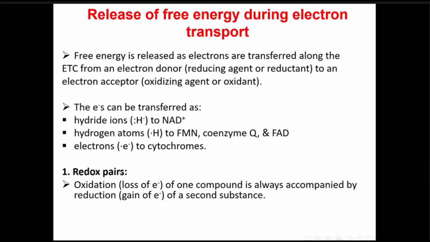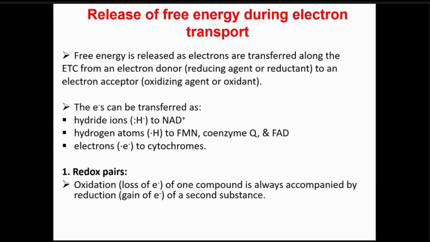Again, this is just a point to remind you what is a redox pair. So basically this slide is what we call prerequisite. Again, you need to know what is oxidant, reductant, redox pair. Redox means reduction oxidation, because the whole electron transport chain is about oxidation reduction.